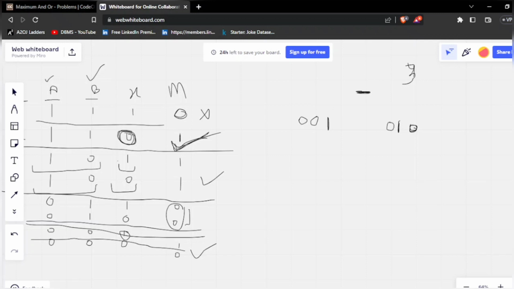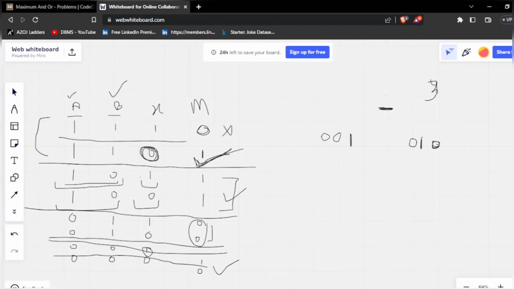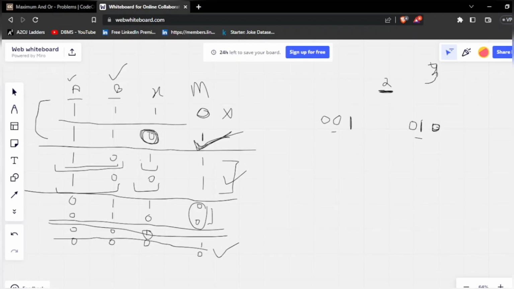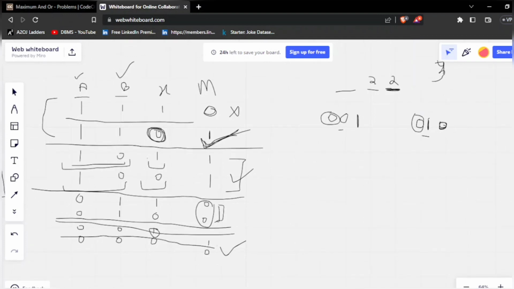So for 1 0, I have discussed that I can pick these two values. So I can pick two values here. And for this 0 1, still I can pick two values. So for the second bit also two values can be chosen, but for the third bit, both the values are 0 and 0, so only one bit can be chosen.